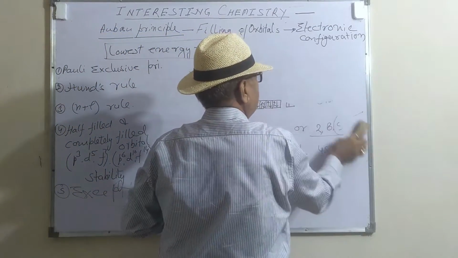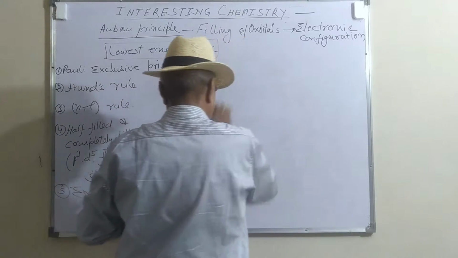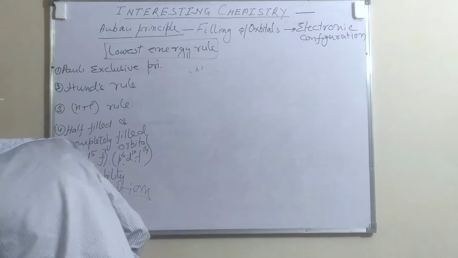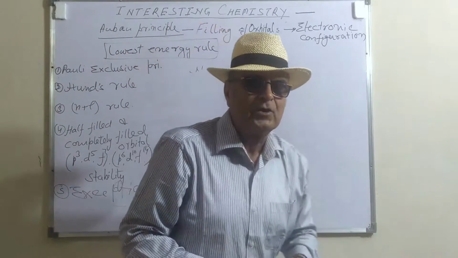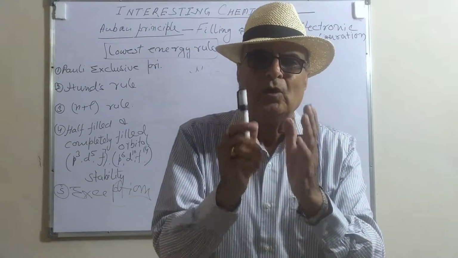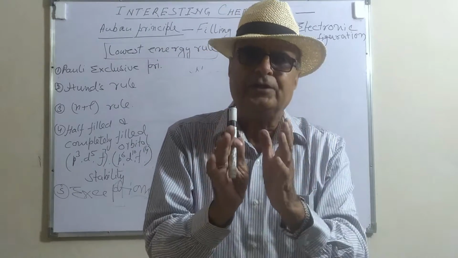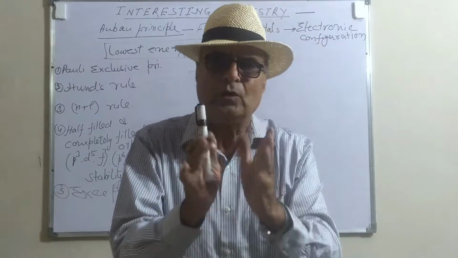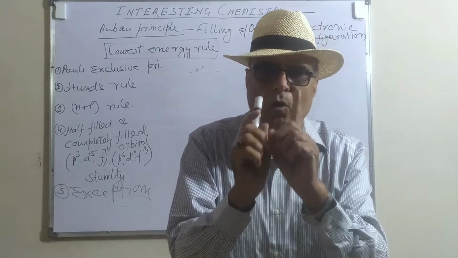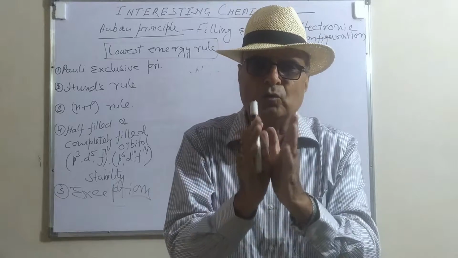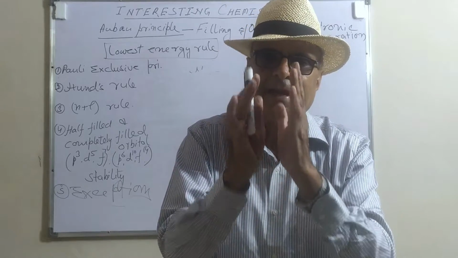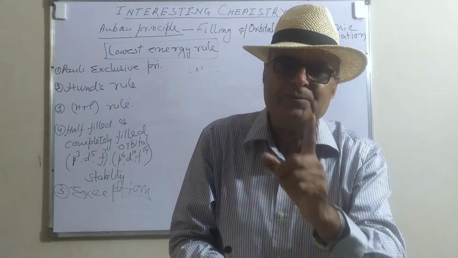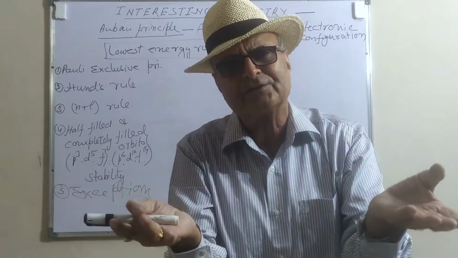So what is Pauli? Pauli told us that there are 4 quantum numbers. So, Pauli's exclusion principle says that no two electrons of an atom can have the same set of 4 quantum numbers.